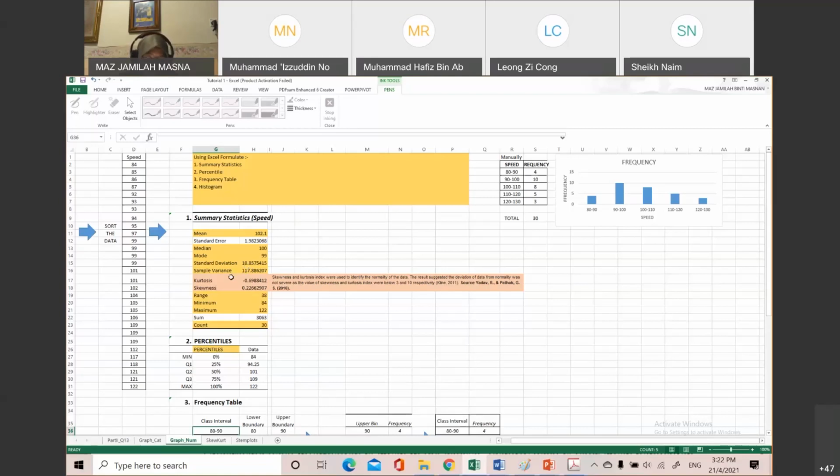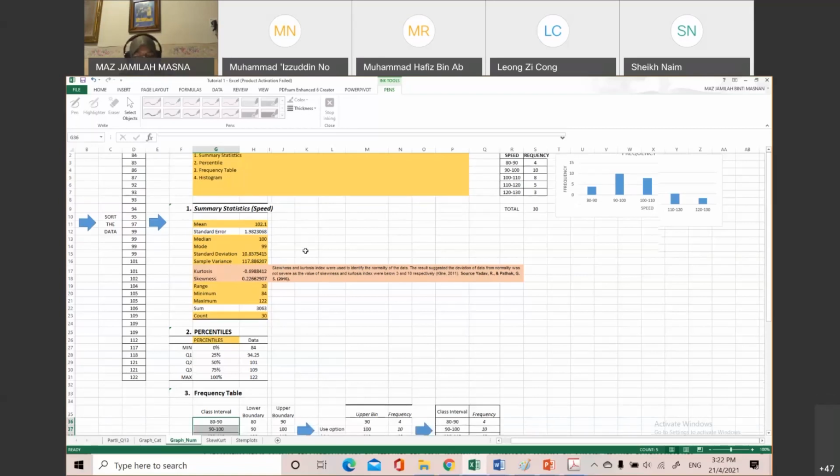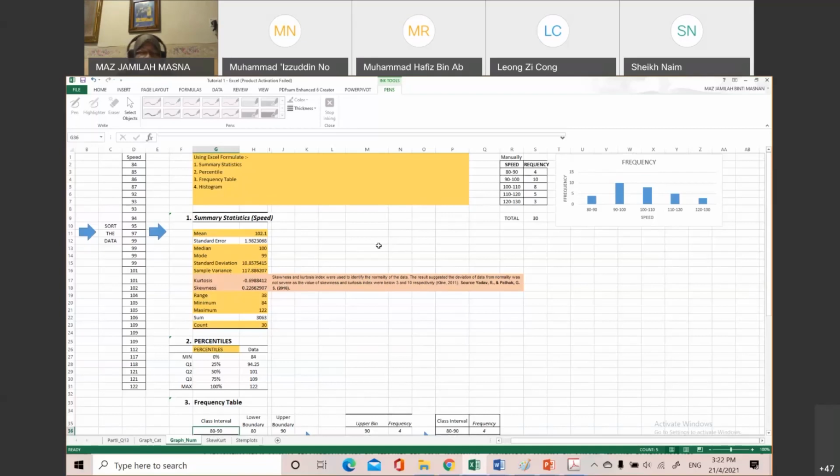If I have time I will show Minitab or SPSS, but in the next class, I will show you how to use Excel to find all the graphical and numerical measures: mean, mode, median, standard deviation, and so on.